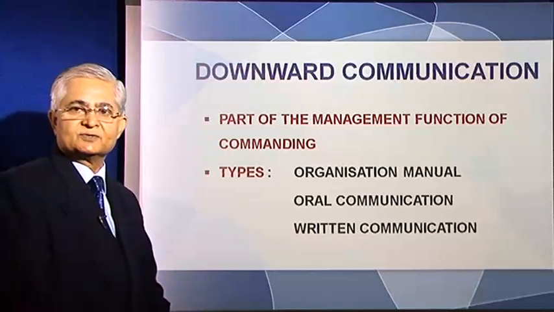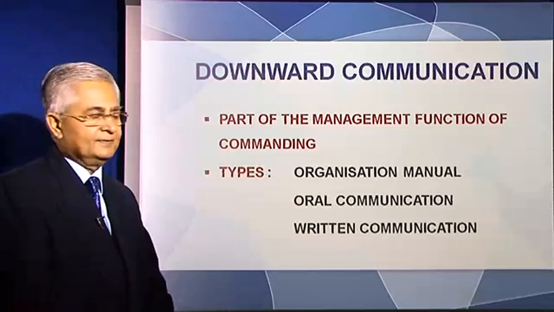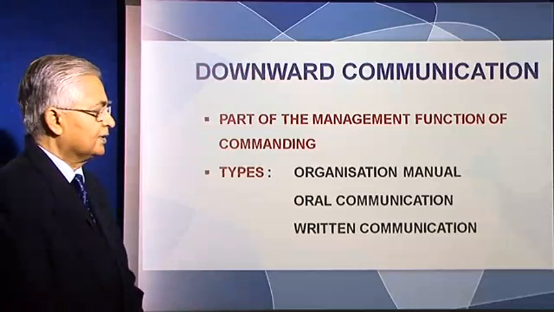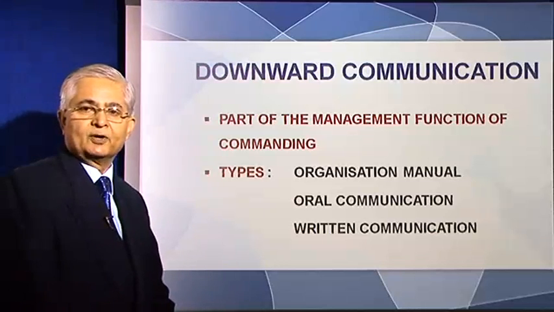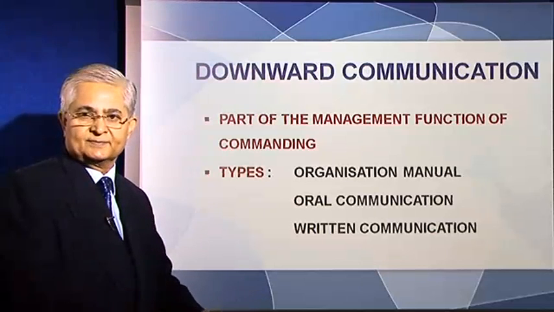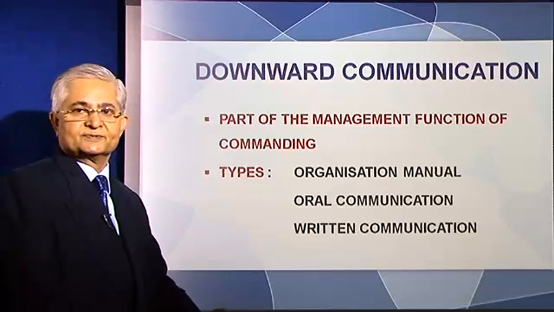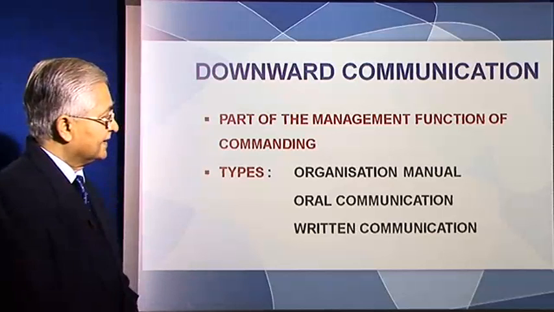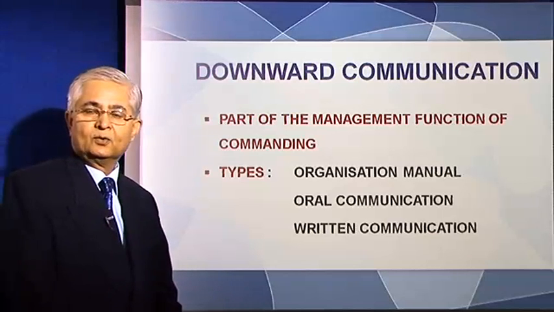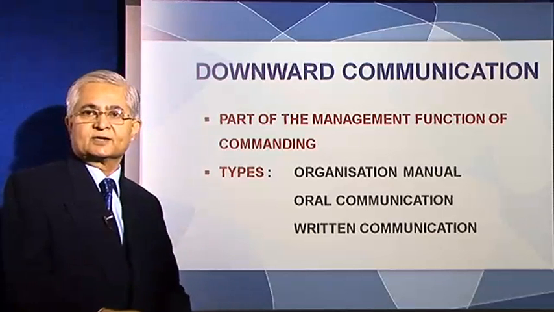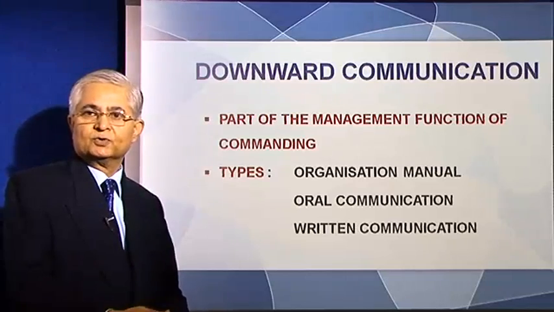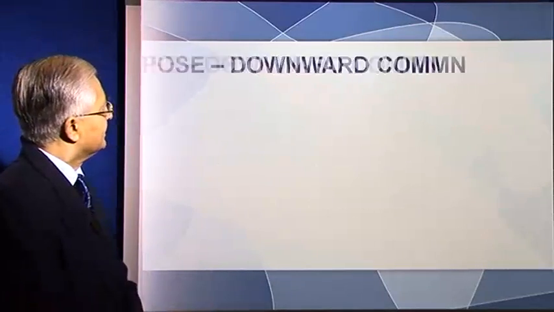There's the organization manual, for instance, right? Then there is oral communication, where the boss talks to his subordinate or talks to a group of subordinates. And then there is written communication, where memos are sent across from a boss to his subordinate.